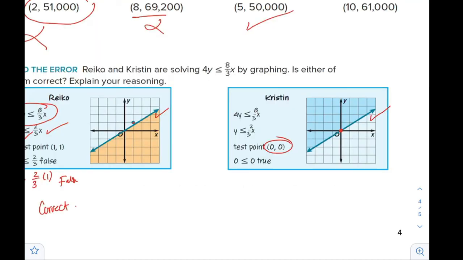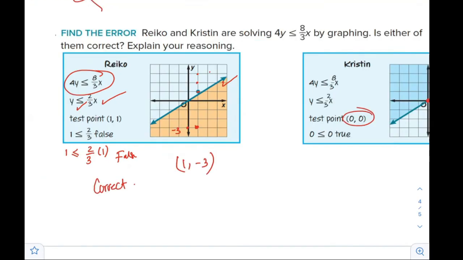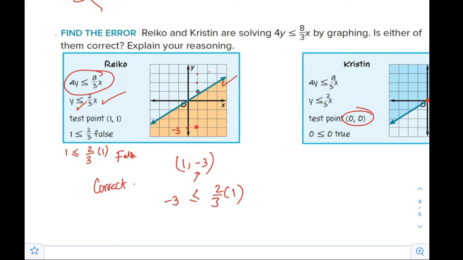So here, try 1, 1, meaning take 1 over 1 here, or you can take a point here as well. Let's for example assume here you have 1 and minus 3. 1 and minus 3 is a good point. Why? Because we have a fraction here. So let's replace: minus 3 less than 2/3 times 1.